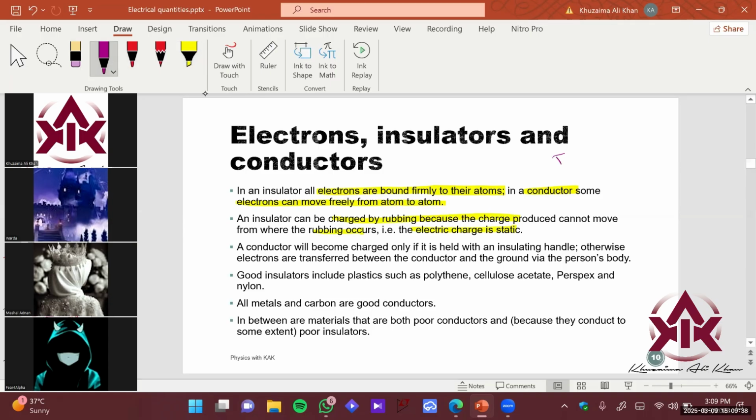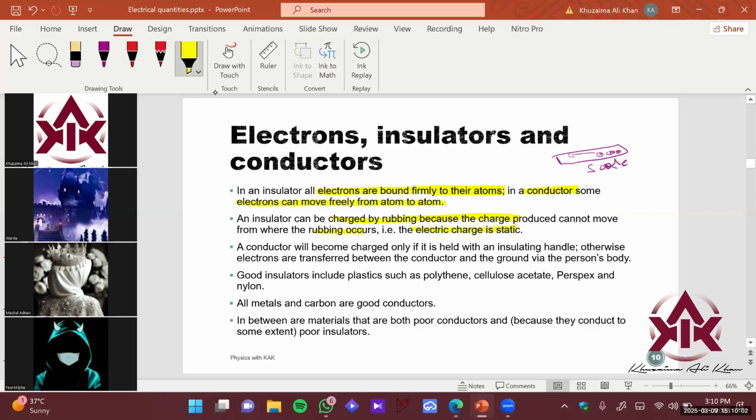Again, imagine a plastic scale, as we read earlier. You can charge it temporarily using friction from your hair, but the charge would not move. It would stick over here. It won't be moving throughout the scale. So it can store static charges for a while.